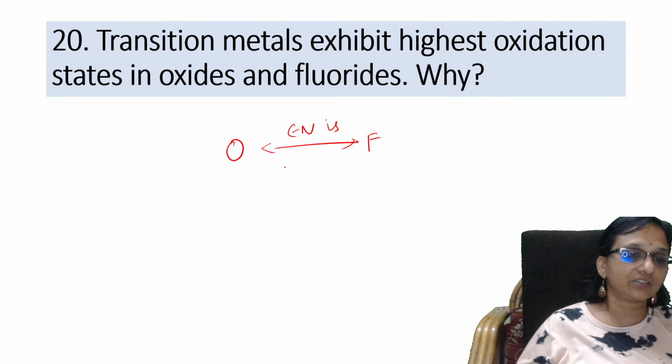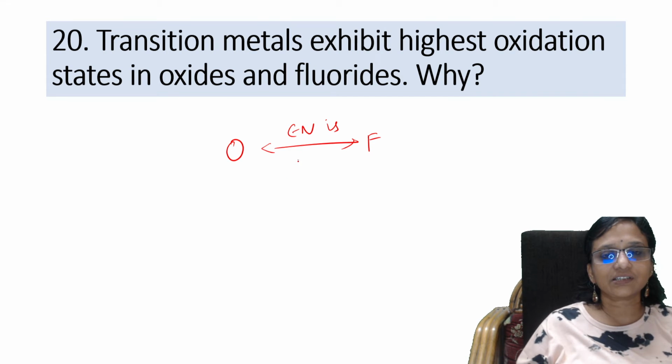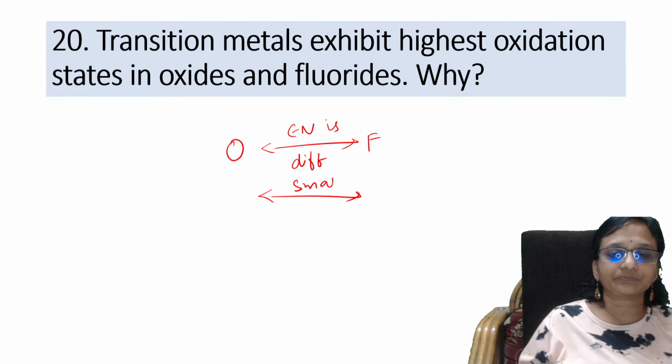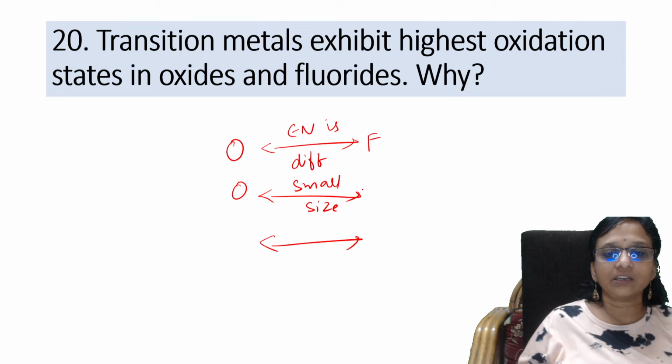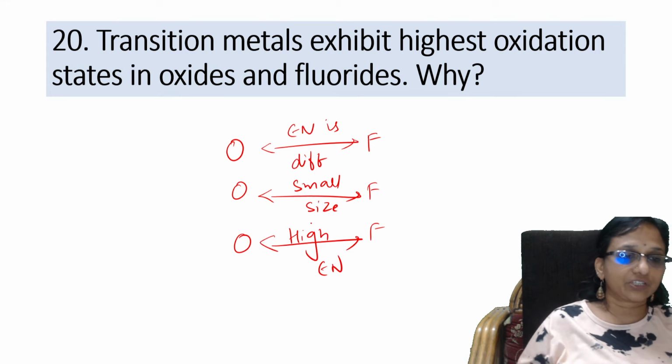Both oxygen and fluorine have small sizes, and the third important similarity is that both have high electronegativity.